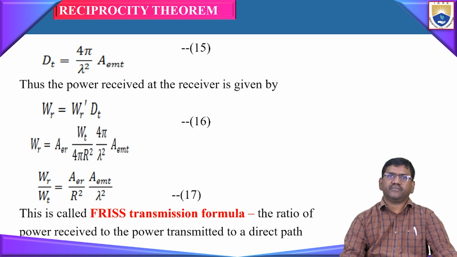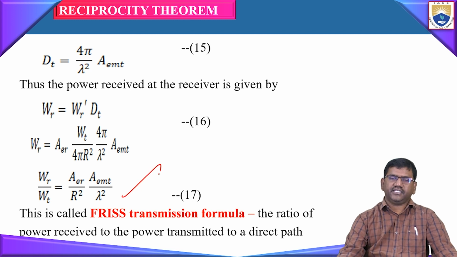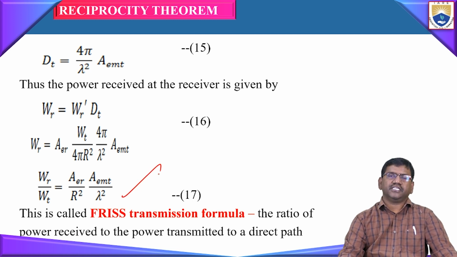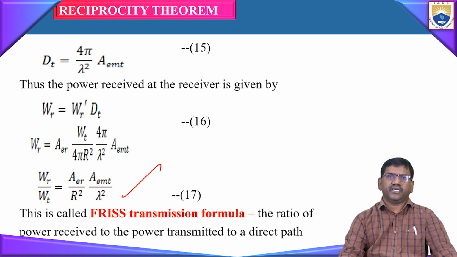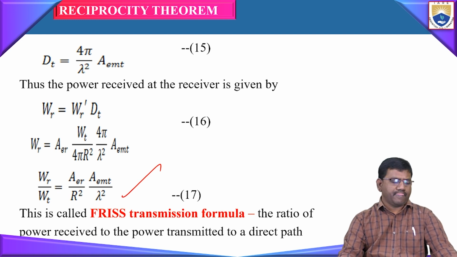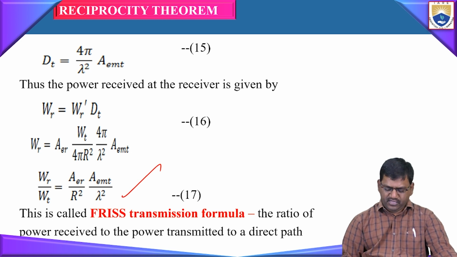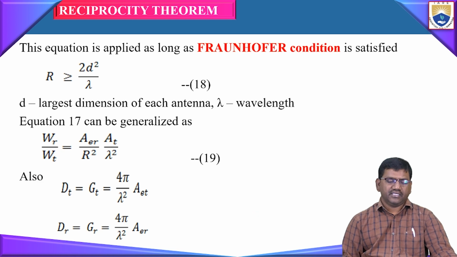The Friis transmission formula is given as WR by WT equals AER into AET by R² λ², where capital R represents the distance between the transmitting antenna and receiving antenna, λ is the wavelength, and AE is the effective aperture of the transmitting antenna and the receiving antenna.